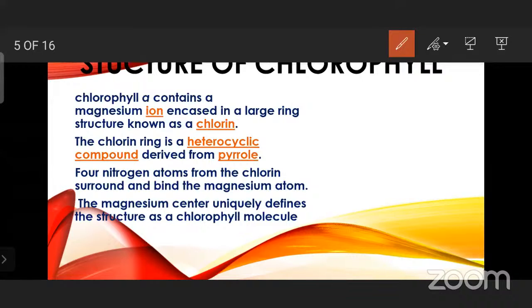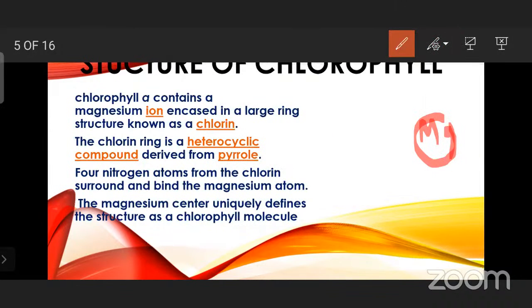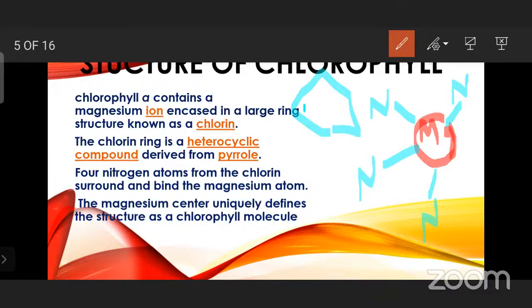So in the head region, this is the magnesium in the center, and it will have 1, 2, 3, 4 nitrogen. So like this, it will have the nitrogen. So just to make it easier, I'll be drawing here. You can see here, first carbon, second carbon will be here for this, and for this nitrogen also.